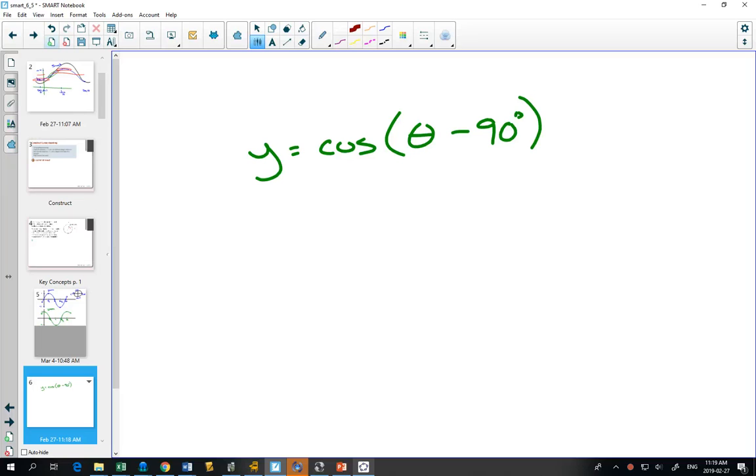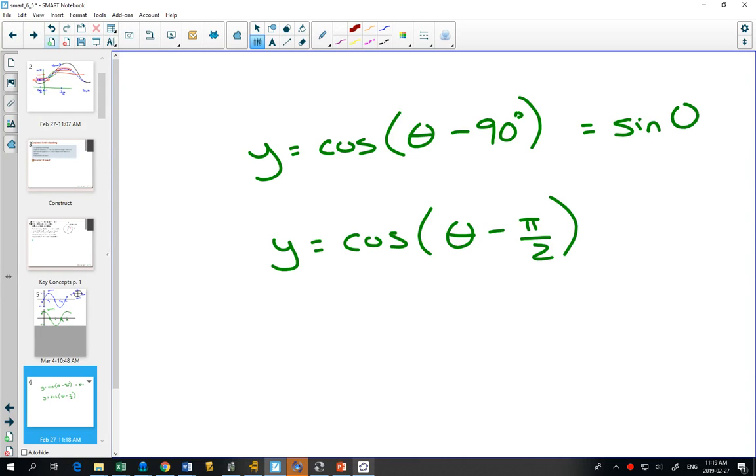Or if I did it in radians, if we add something inside the function, that's going to move things horizontally. And if I had a minus pi over 2 or a minus 90, that would move it to the right. Now, if I did this, it's equal to the graph of sine of theta.